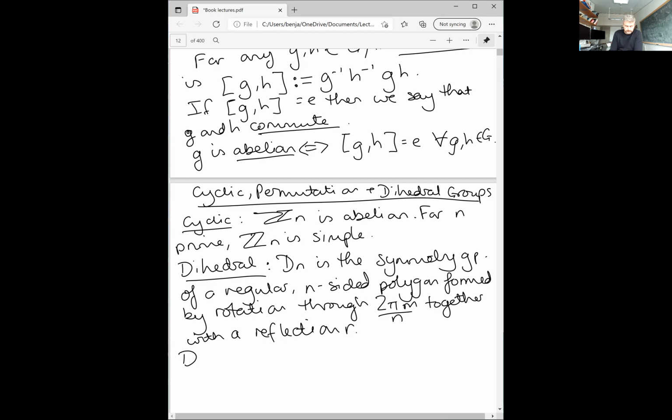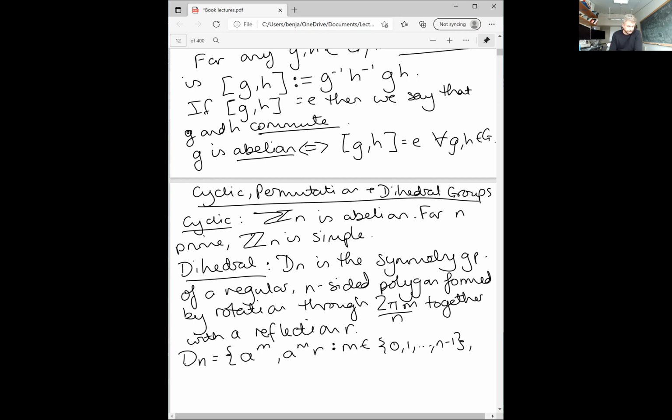So what we're going to do is define Dn as, so each of these rotations of 2 pi over n is a, and so we can take a to the m, or a to the m with a reflection, where m is in the set 0 to n minus 1.